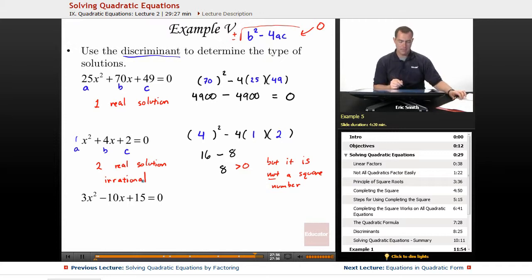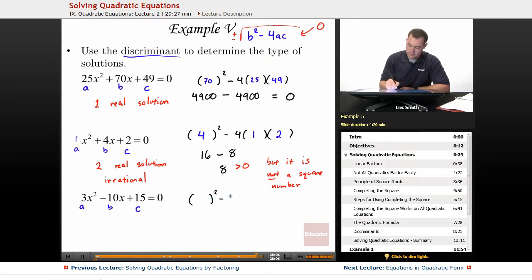Not bad. All right, let's do one more. I'll identify a, b, and c. And we'll put that into our discriminant. So b squared minus 4 times a times c. All right, now it's time to crunch it all down. Negative 10 squared is 100. And then I have negative 4 times 3 times 15.